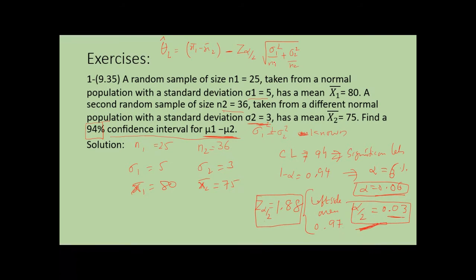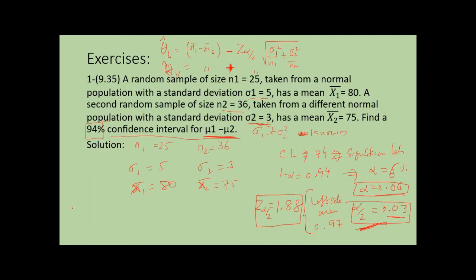This will give the lower limit. When you change the sign into plus, it will give you the upper limit for the interval. Isn't it? The same terms here and here. The difference is not subtraction, it is addition, right? That's it.